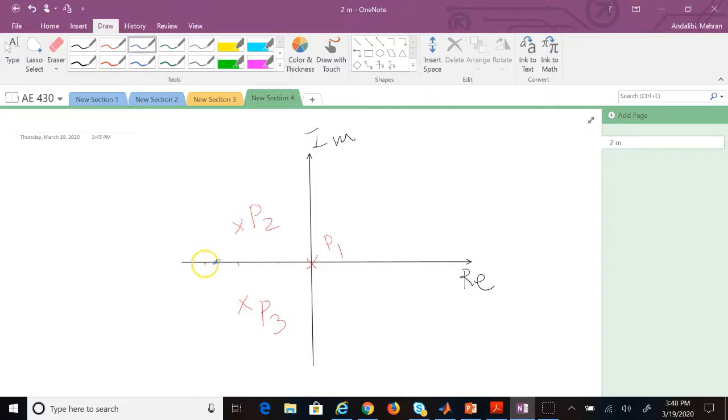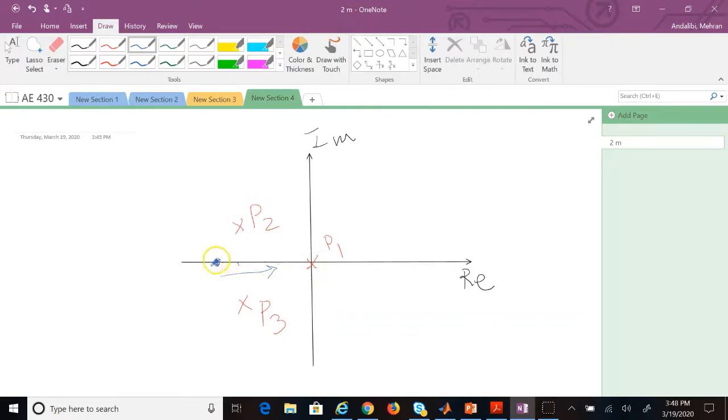If the total number of real poles and zeros to the right of that is an odd number, that point belongs to the root locus. So if I look at the right side of this point, how many real poles and zeros total do I see to the right of that? Only one. And one is what? An odd number.